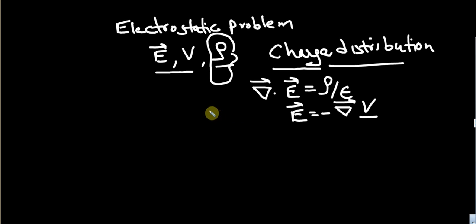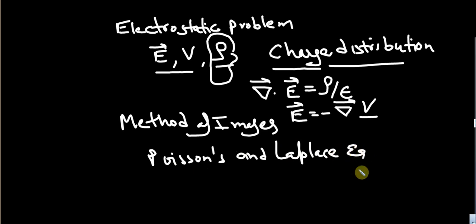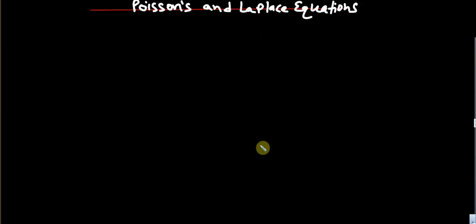We use the method of images, or in some cases we use the Poisson and Laplace equations. Most of the time we use these equations. So let us start with the Poisson and Laplace equations.